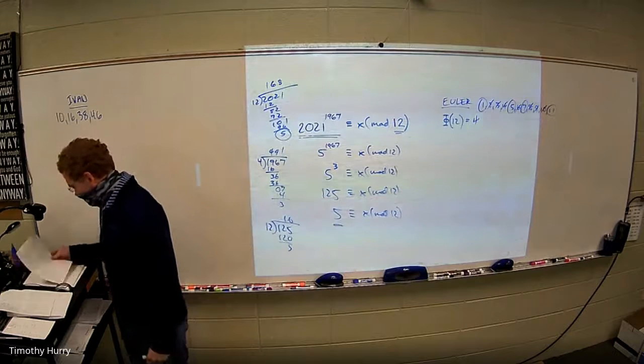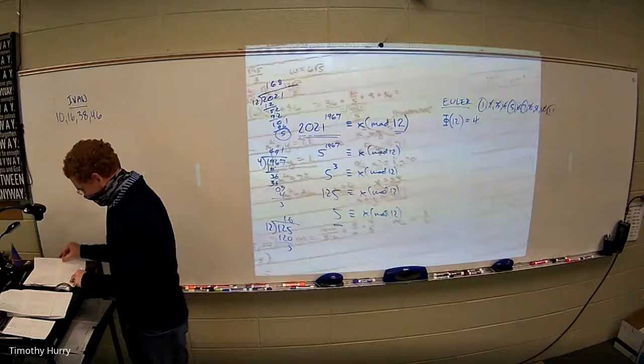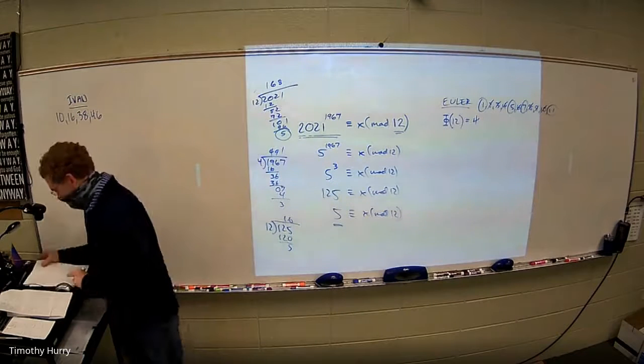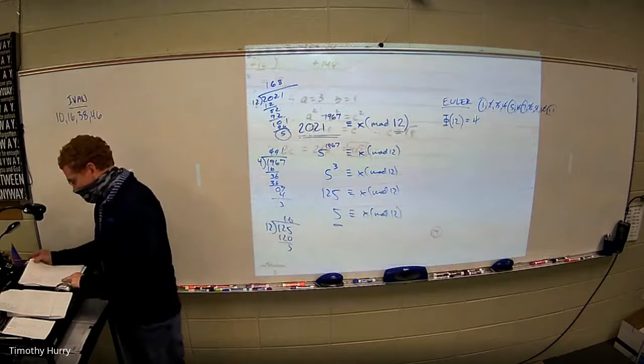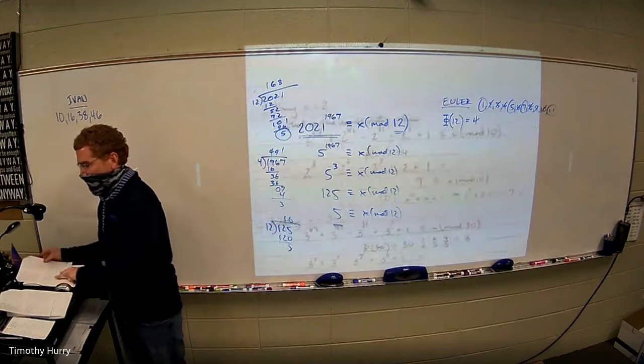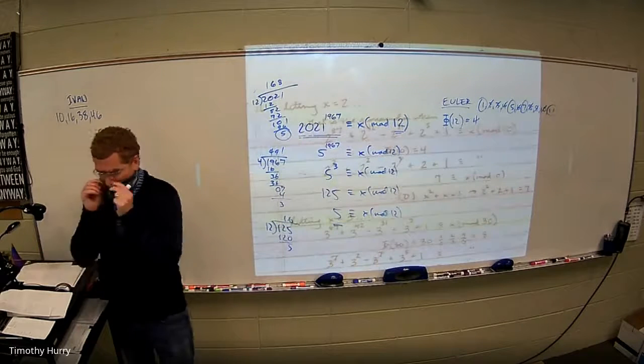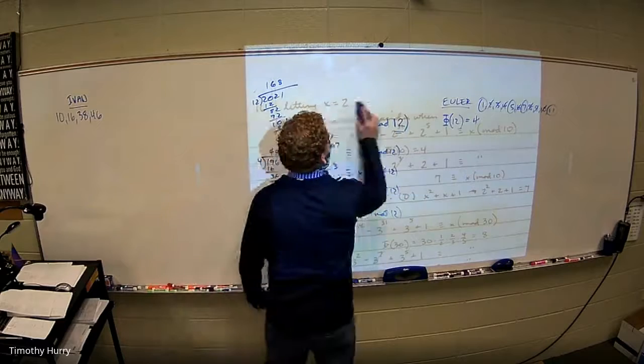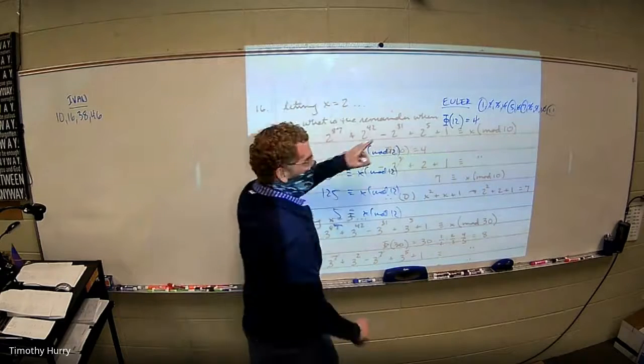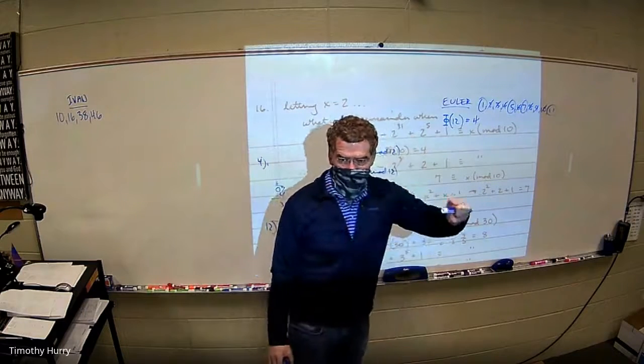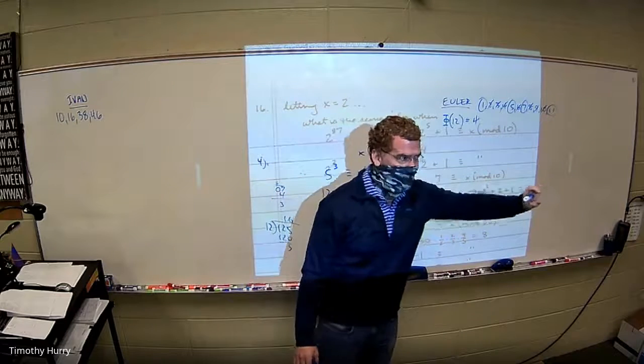So on number 16, check it out. If I just plug a 2 in, now granted, I'm going to have to do a couple things. I plugged it into the ugly polynomial and then the smaller one I was dividing by.